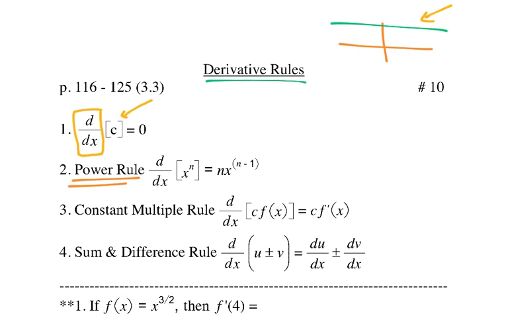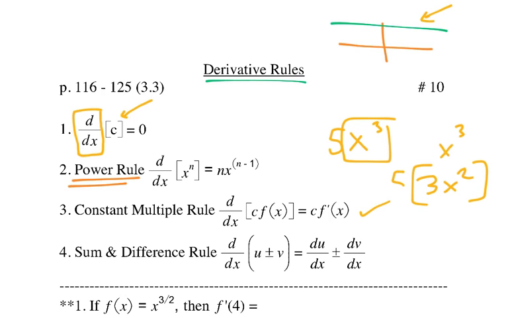In my example, I actually used the constant multiple rule, which is that if you have 5x to the third, you could also think of taking the derivative of x cubed. x cubed is just 3x squared, and then multiplying that by 5 afterwards.